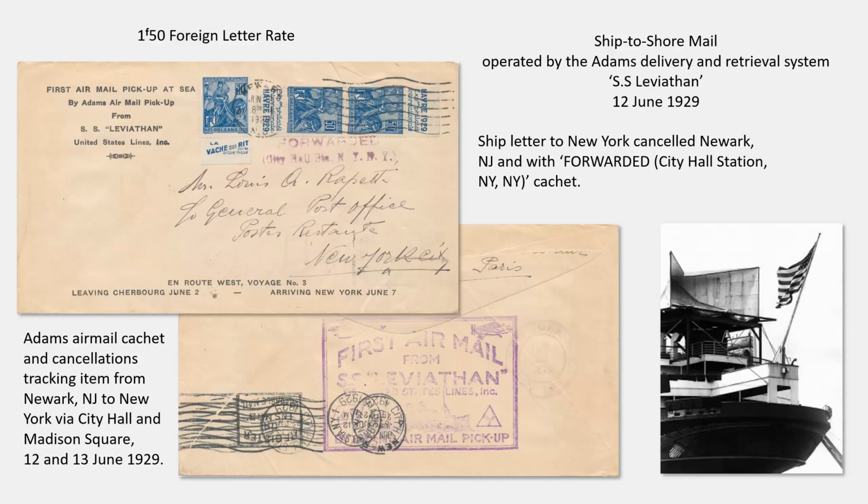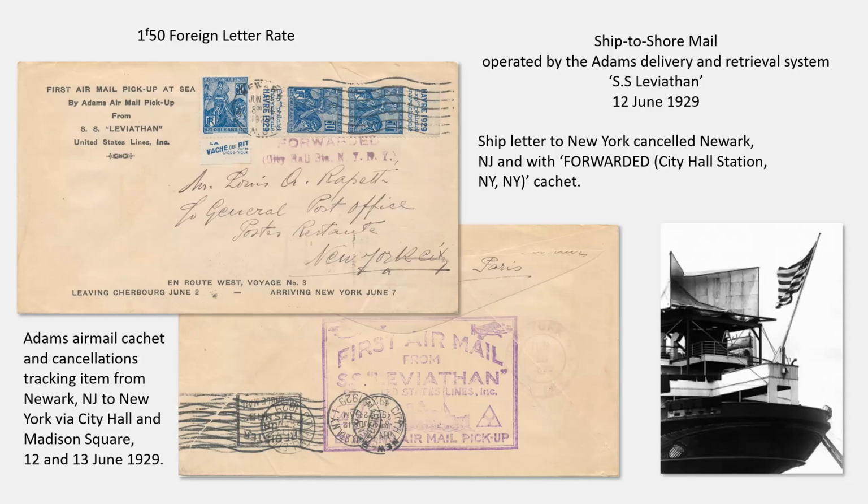A platform and canvas trap were also assembled to catch dropped incoming mail. So the idea was that the plane would circle the boat twice, once to drop the mail into the trap, and the second one to collect the mail off the hook.